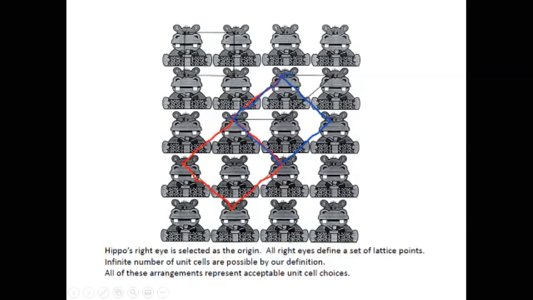So there could be many different ways you can connect a series of lattice points so that you get the exact identical information when you connect them into a unit cell. So there were 3 different ways we could connect these lattice points.